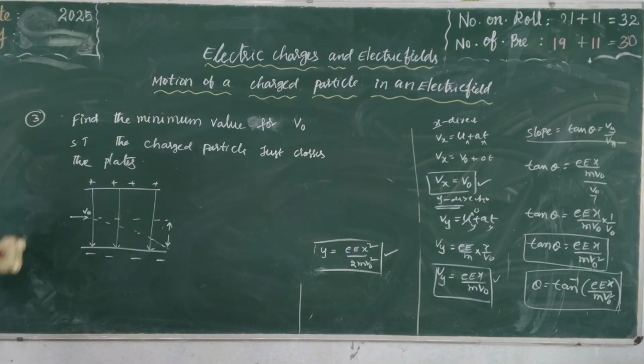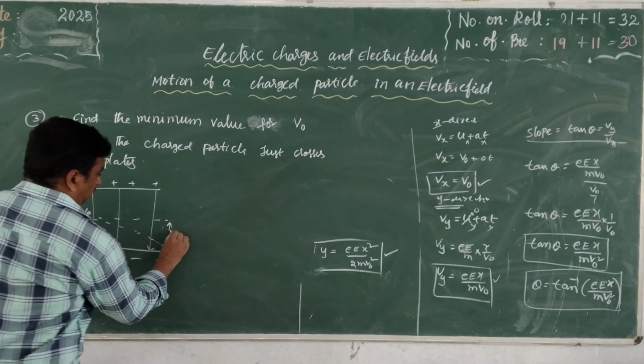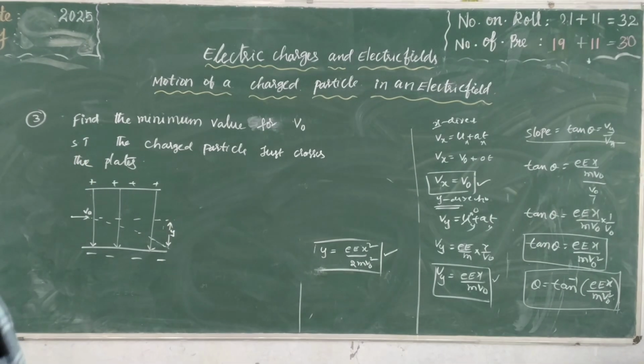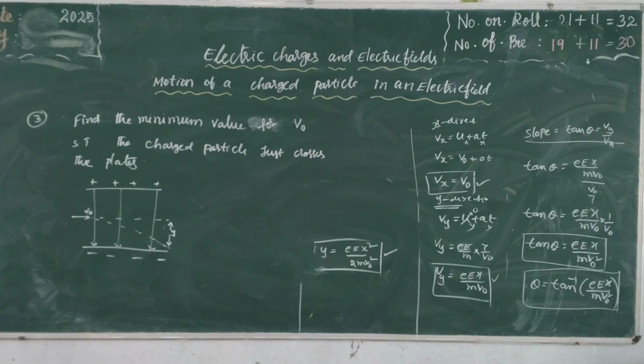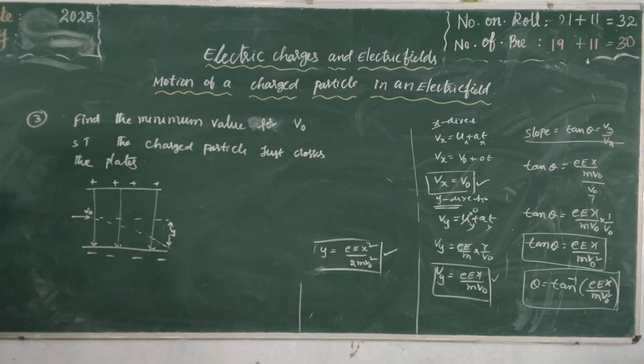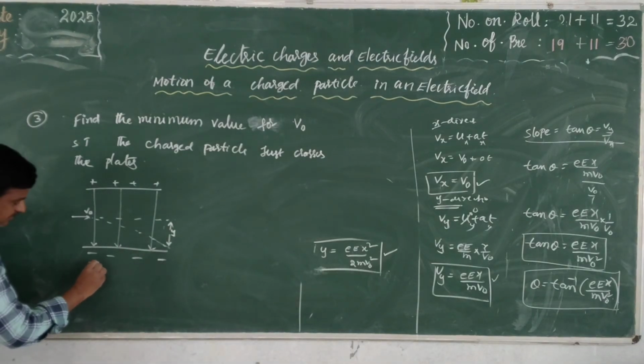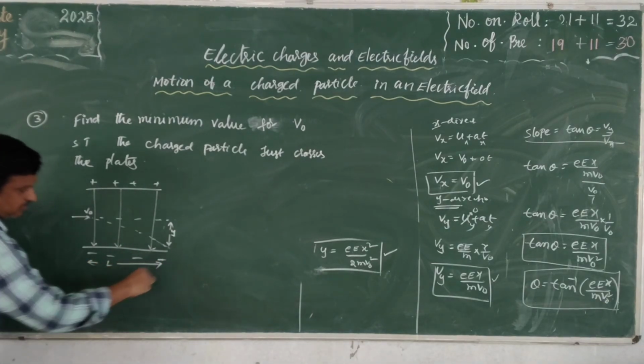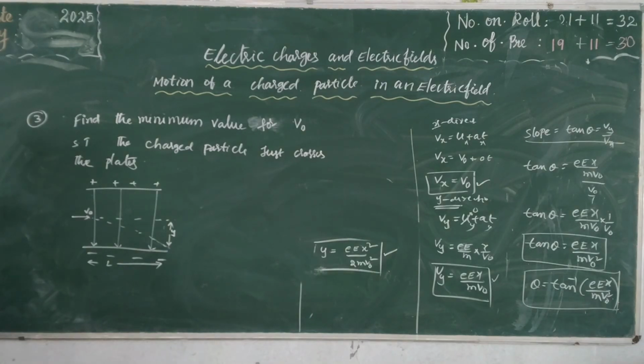So v naught is the initial velocity of the particle and this is the deflection in y direction. See in this case, the length of the plates is L. It is the initial velocity of the charged particle.